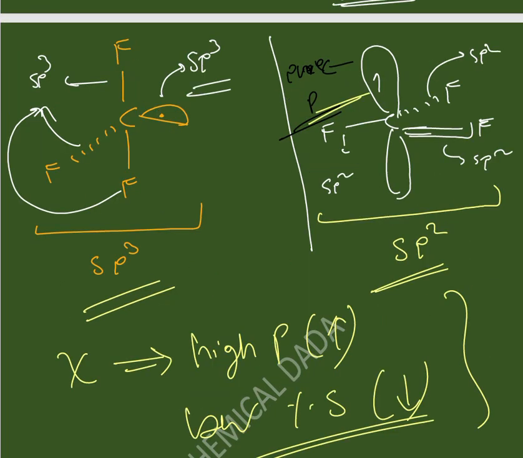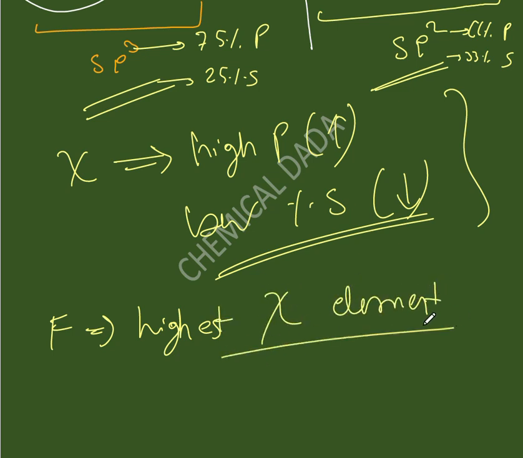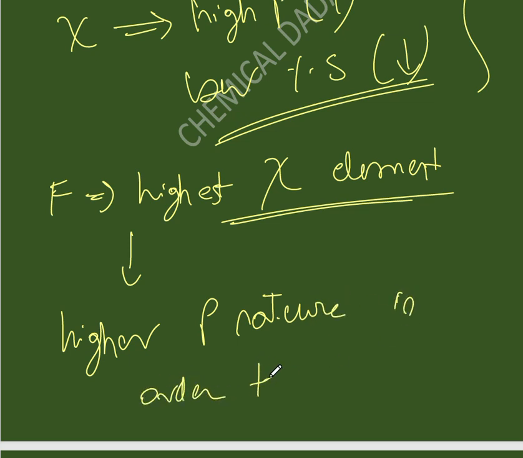Now, in this case, the sp3 case, there is like 75% p and some 25% s. And in the sp2 case, we have 66% of p and 33% of s. Now, fluorine, as we know, fluorine being the highest electronegative element in the periodic table, it will always prefer an orbital having higher p nature in order to be stable.